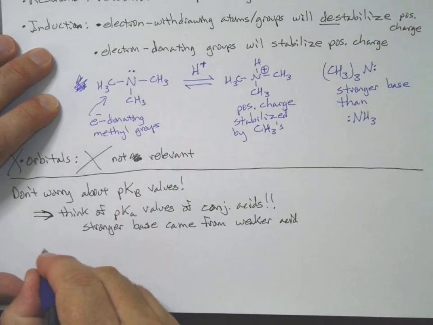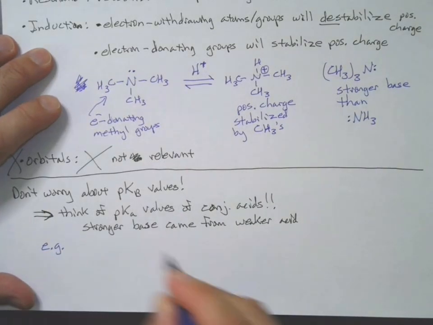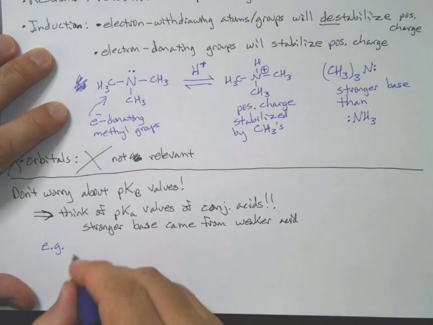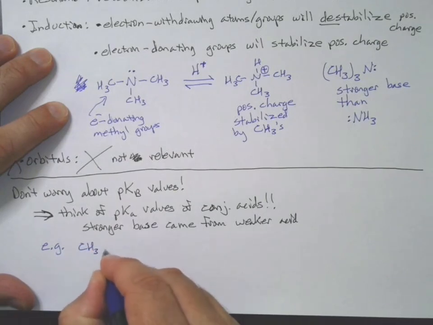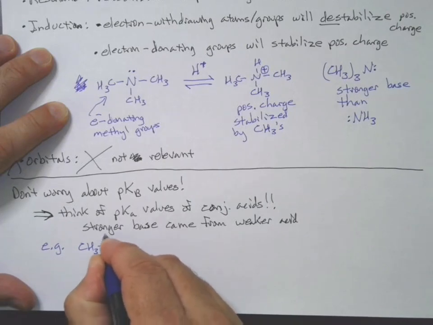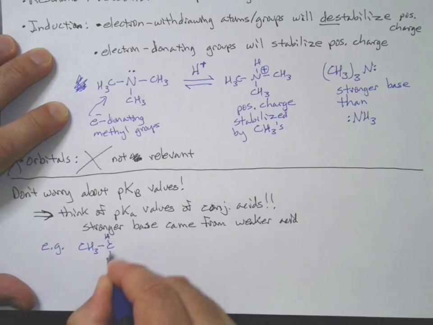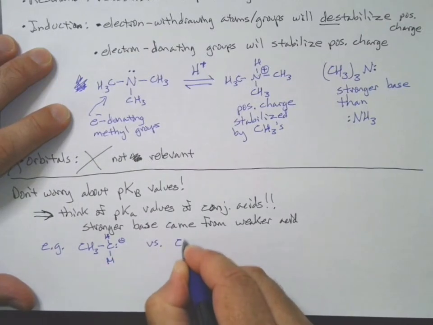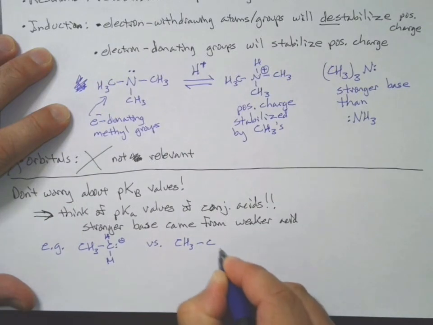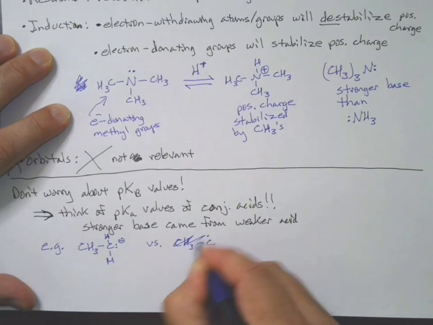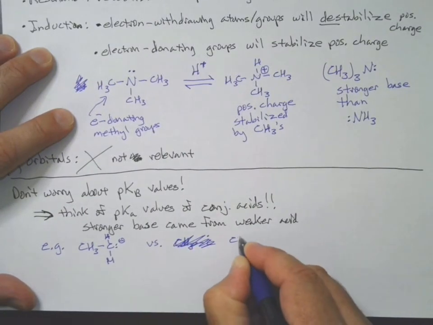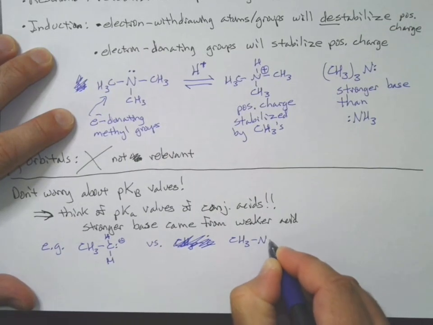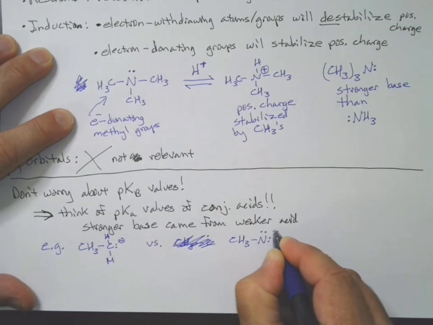So, for example, we could compare, let's do this, CH3CH2 minus versus CH3NH minus.